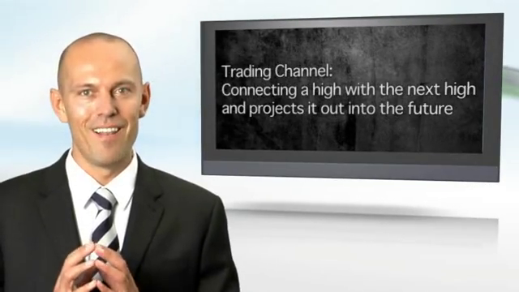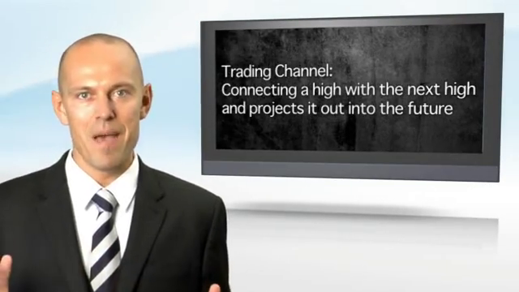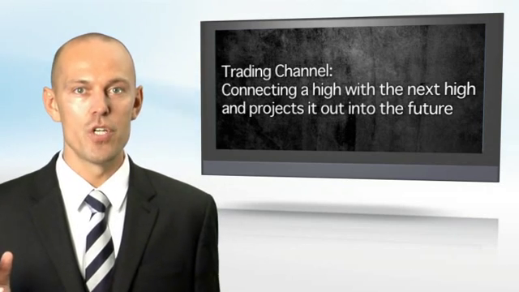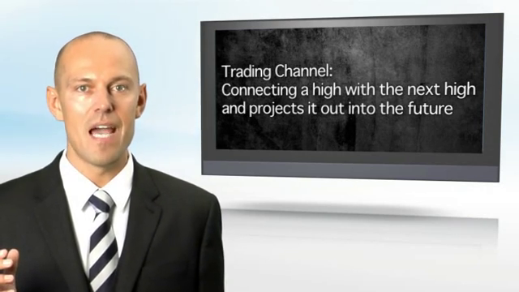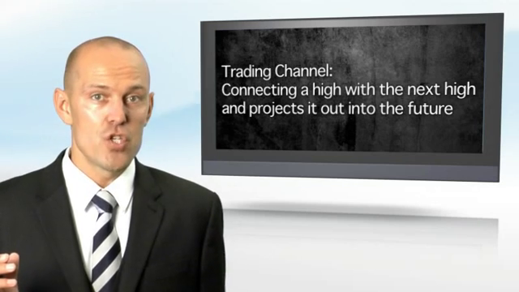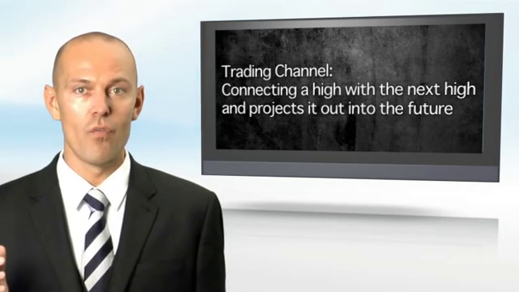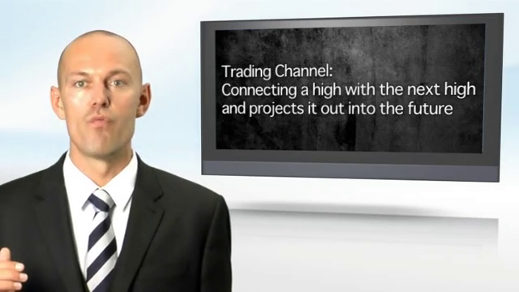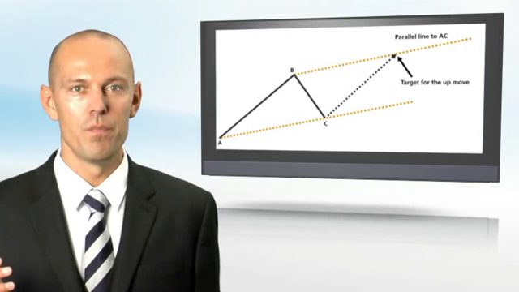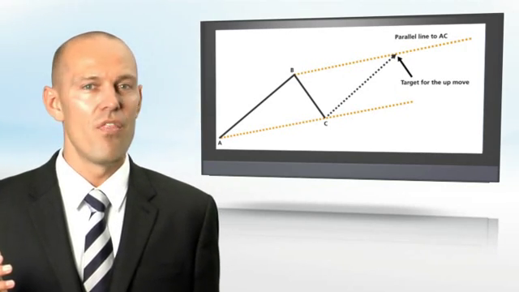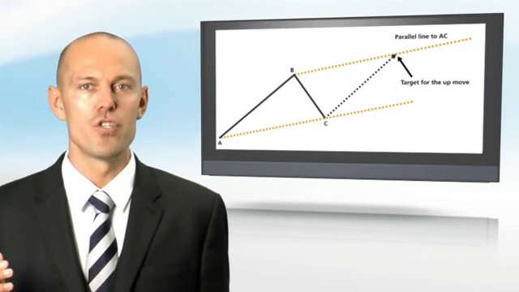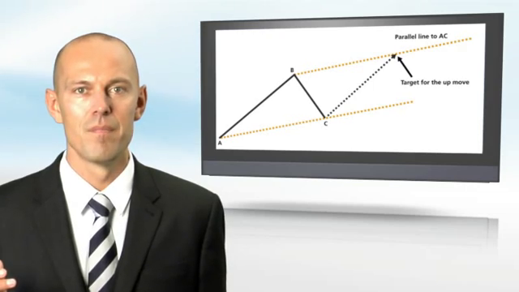The trading channel is one of the easiest patterns to trade. It is simply a question of connecting a high with the next high and projecting it in a straight line into the future. It gives you a projection of where the next move in the market will run out of steam. I've included a couple of charts for you. The second chart demonstrates this concept on the Euro-Yen chart on a 30-minute time frame.